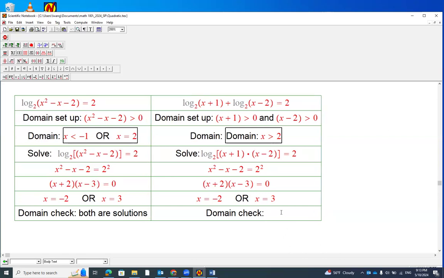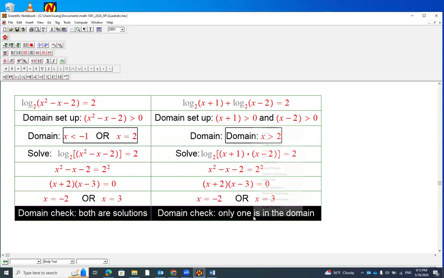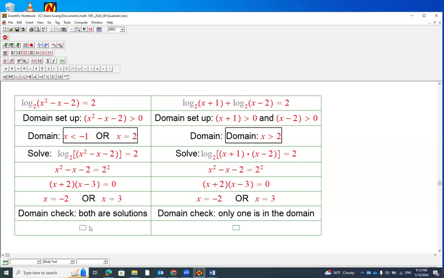And on this one, -2 is not in the domain. Only one is in the domain. Okay, so let me have a proper closure.